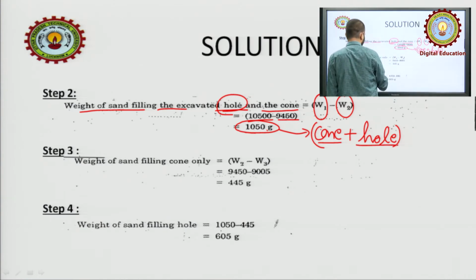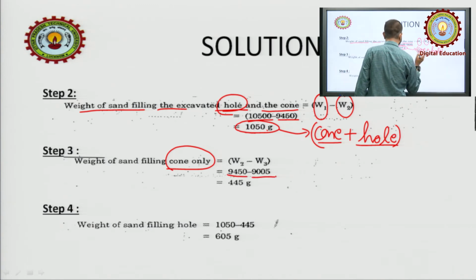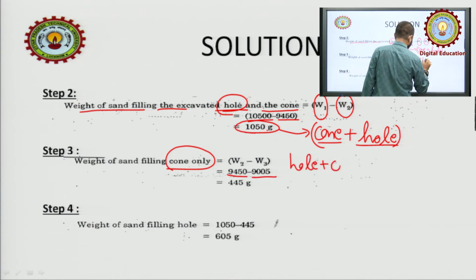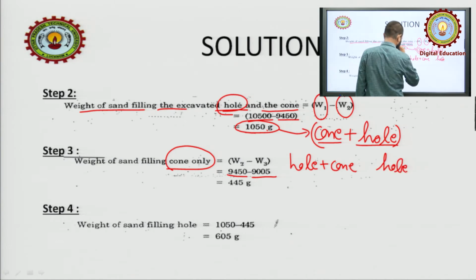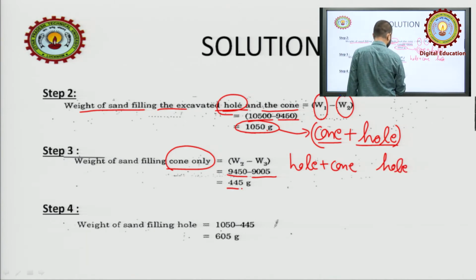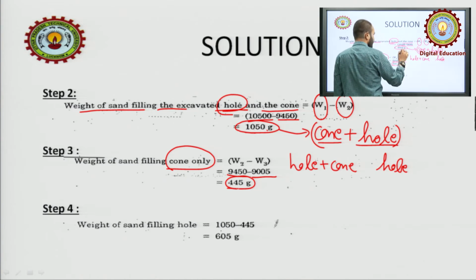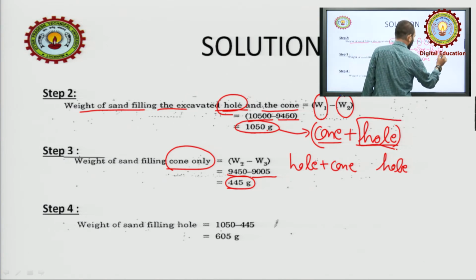Then if we are to find only the cone, what will we do? We will subtract the second and third readings, meaning hole plus cone was there and one was only the cone. So this will give you the cone only. Finally, if you want only the hole, how much sand was contained in the hole only?